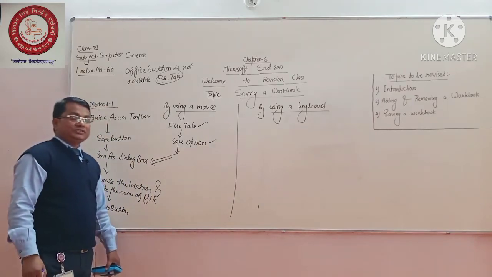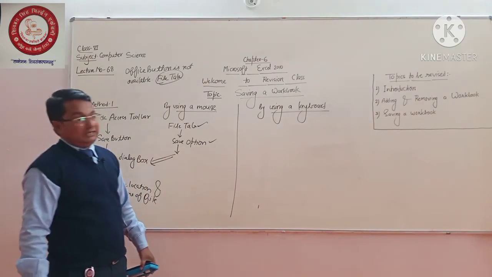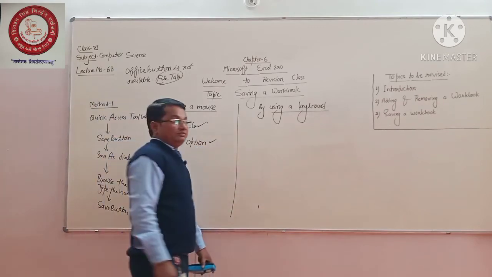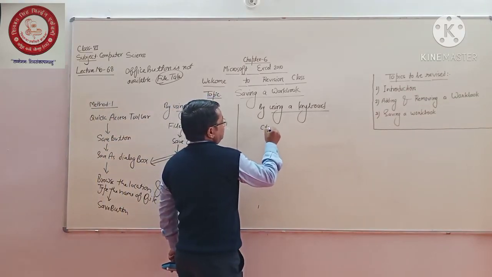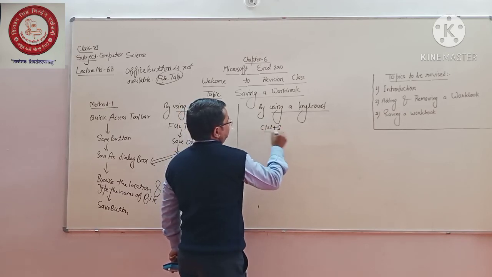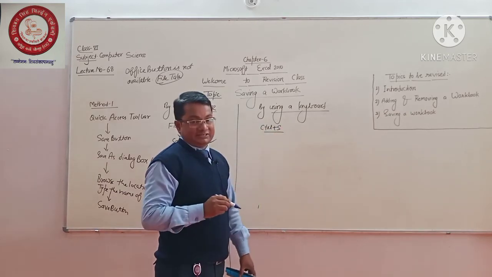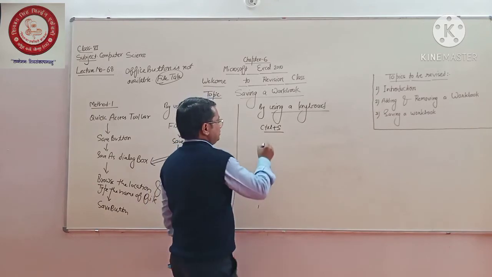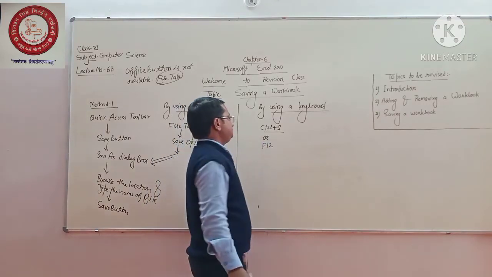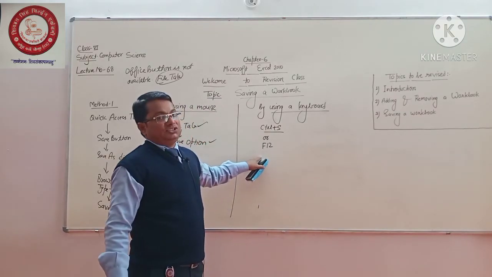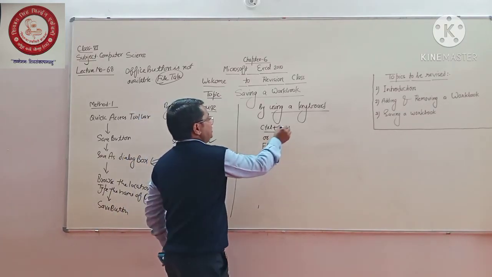And if you want to save the particular file by using the keyboard, what you need to do? First of all, you need to press Ctrl plus S. Or one more thing, F12, if you want to use the function key. You can use either of these two.